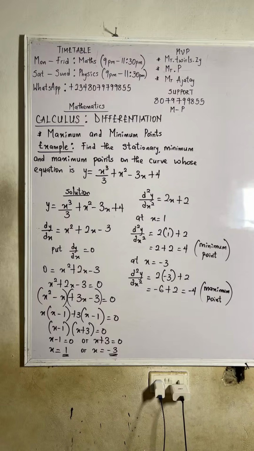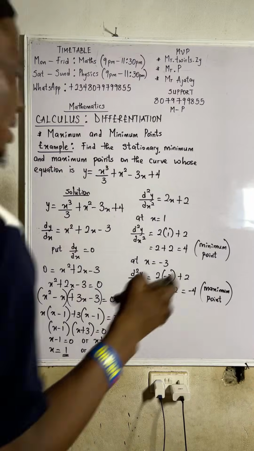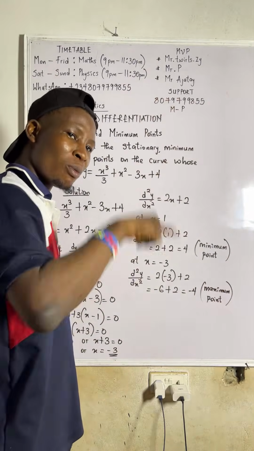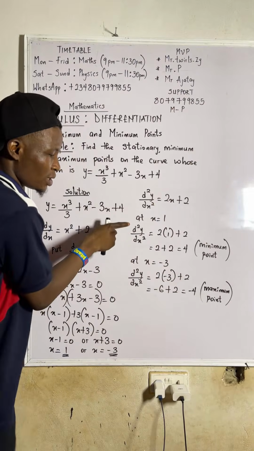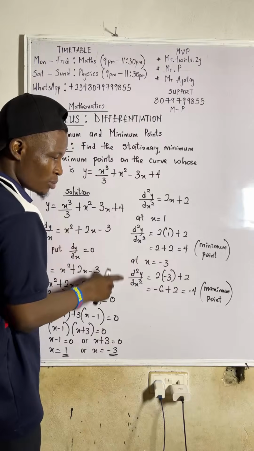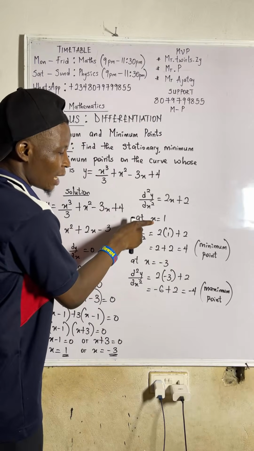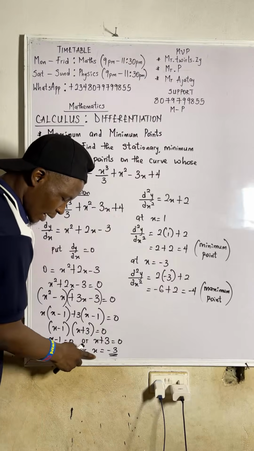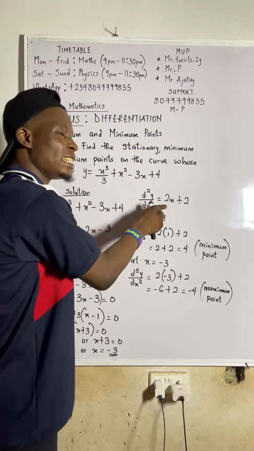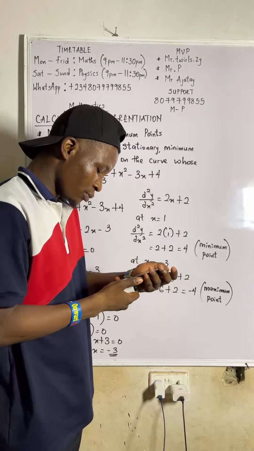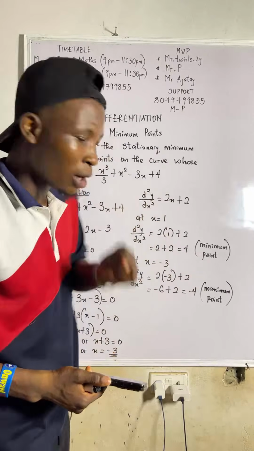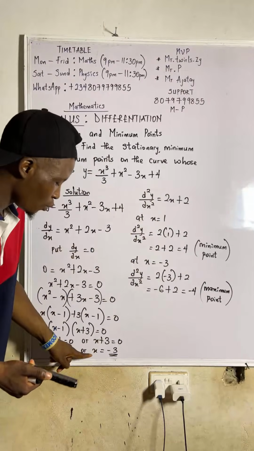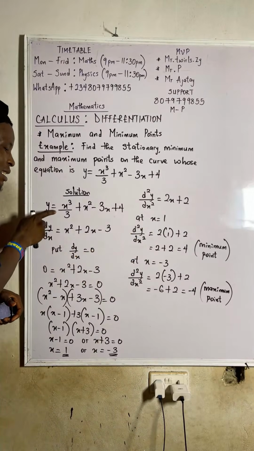So now let's say they ask you for maximum value and minimum value instead of maximum point and minimum point. After you have gotten x equals 1 and x equals minus 3, instead of putting it inside the second derivative, which we use to get the point, if it is value, we will come back and put it inside the curve.